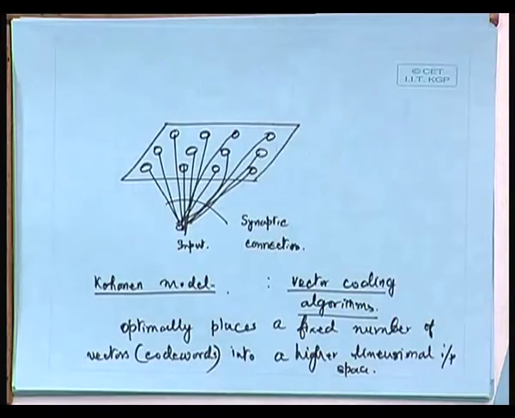Now, basically a fixed number of code words can form a vector. So Kohonen models in fact can be used in vector coding algorithms also, where these kind of fixed number of vectors will be placed, and we will be seeing that later on.